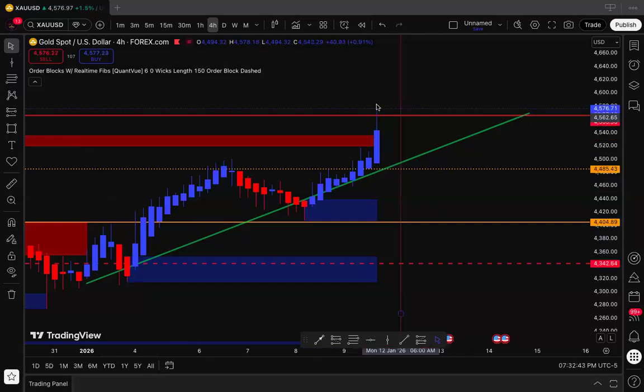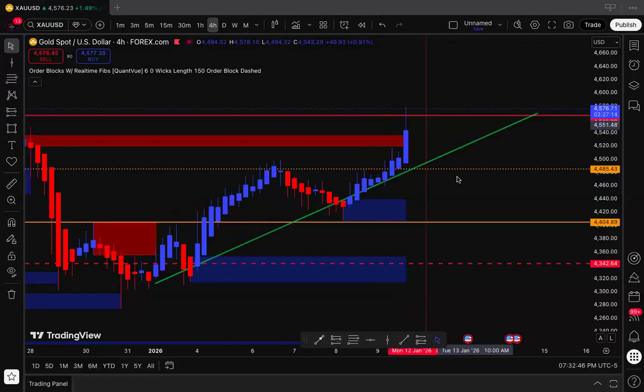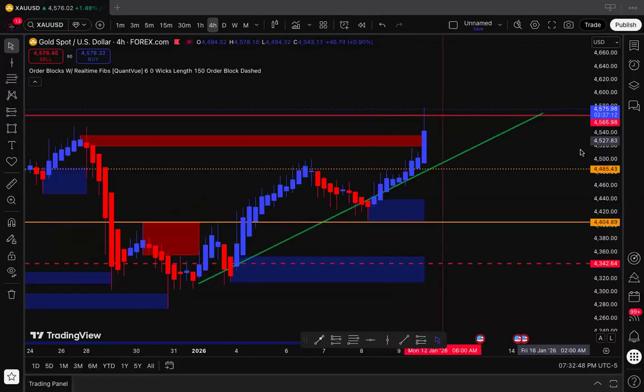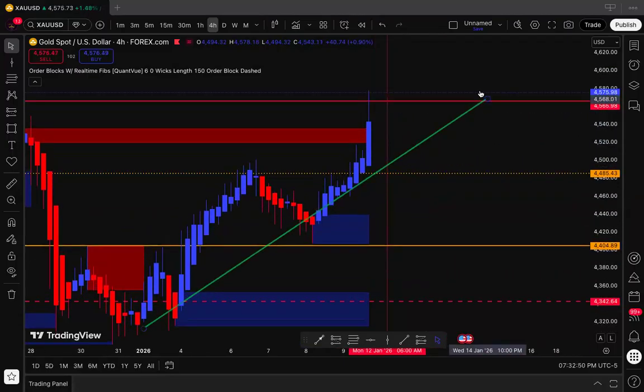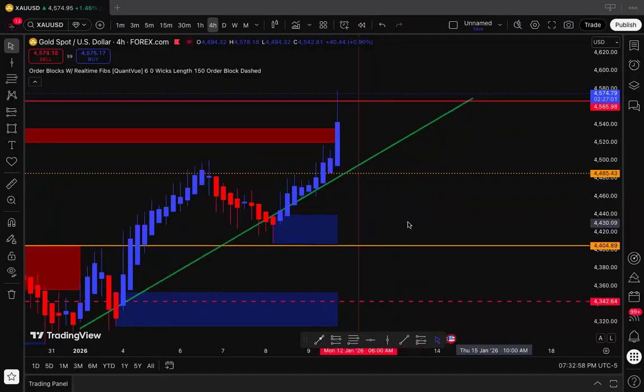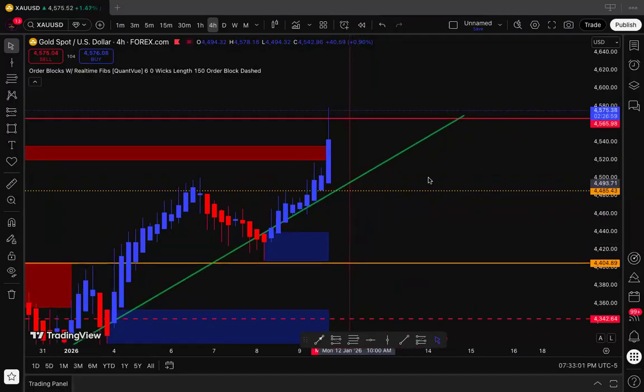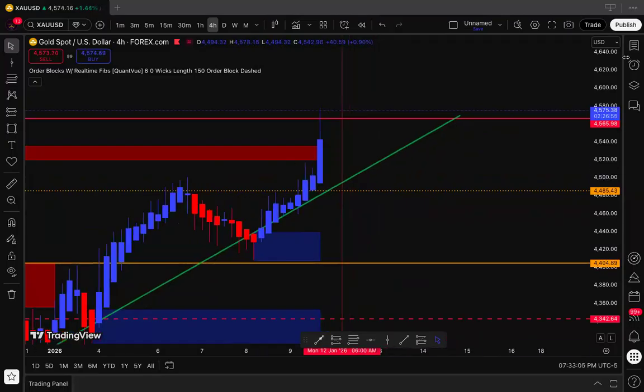So I will wait for gold to finish doing what it's doing and pull back. Okay. I'm looking to sell from the resistance and buy from the level of support. And this is how it should be traded. When you take the in-between setups, you can get faked out.